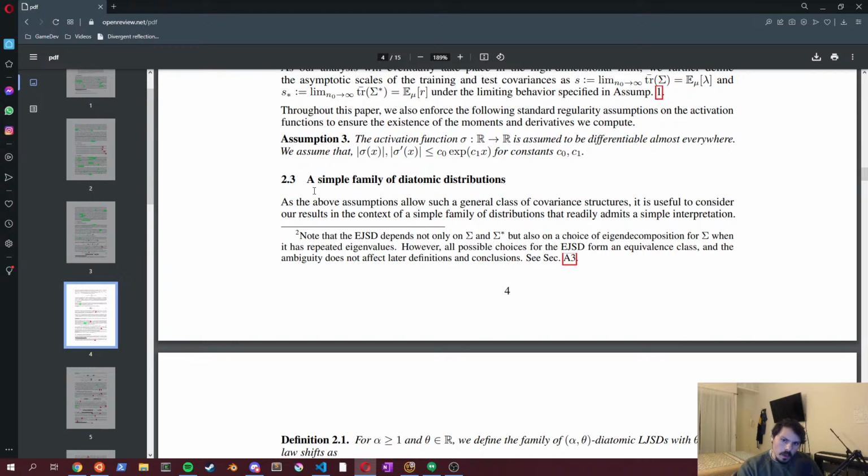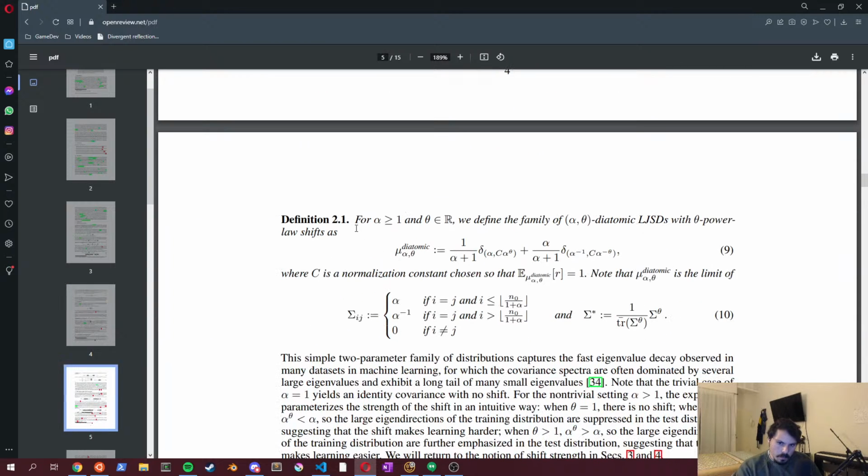All right. A simple family of diatomic distributions. As the above assumptions allow such a general class of covariance structures, it is useful to consider our results in the context of a simple family of distributions that readily admits a simple interpretation. Definition 2.1.